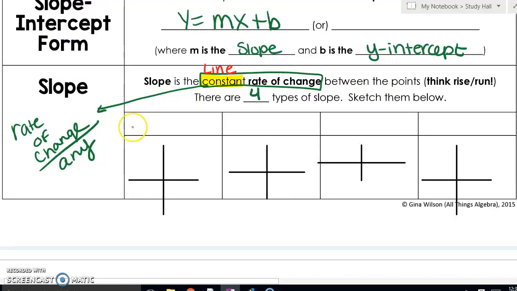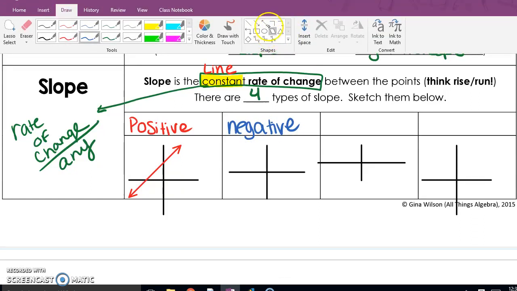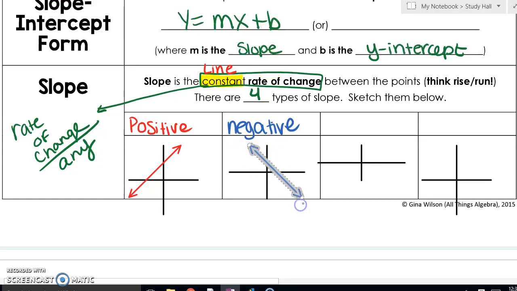So we have a positive slope, which is an increasing line, which we talked about when we talked about increasing intervals. We have a negative slope, which has a decreasing interval throughout the entire line.